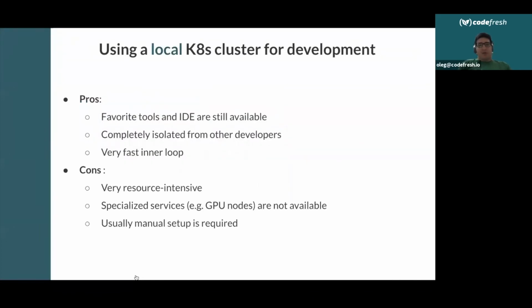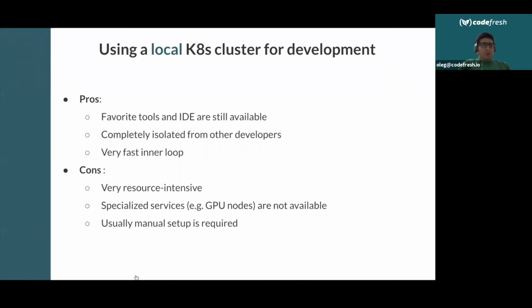Let's briefly discuss the advantages of using local Kubernetes for development versus a remote one. The local one is installed on your machine. You're using your tools, it's completely isolated, and it's a very fast inner loop. Those are the pros.